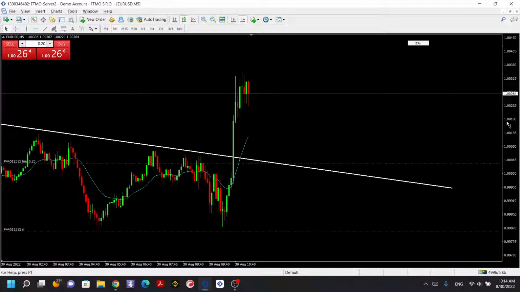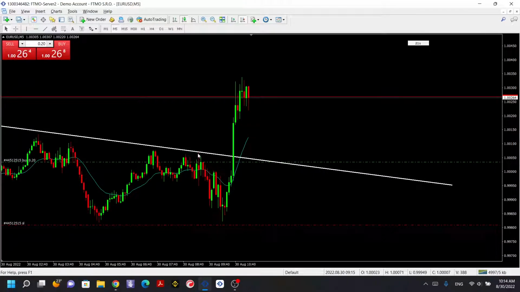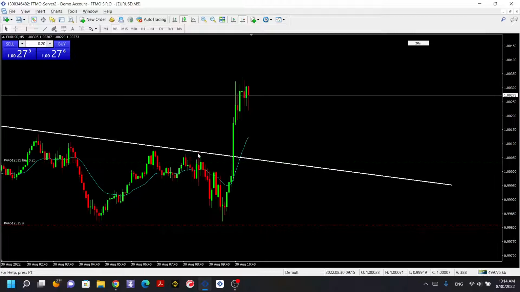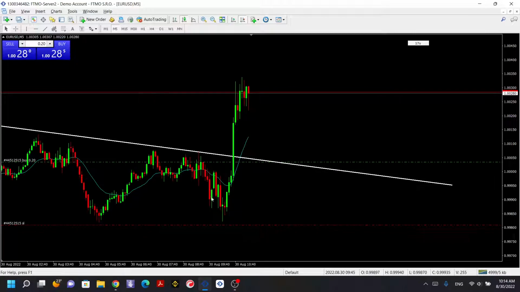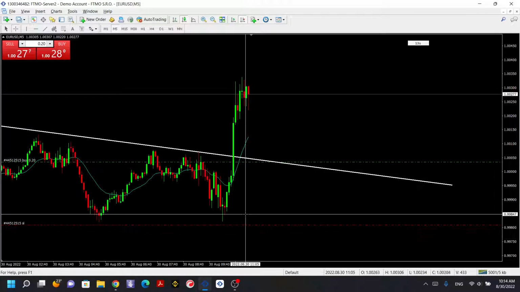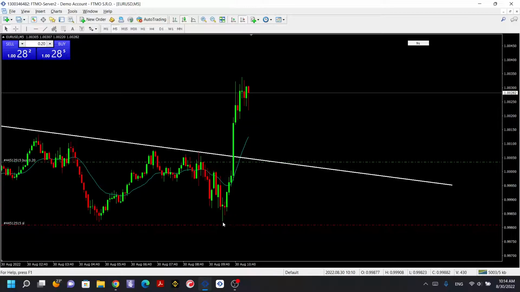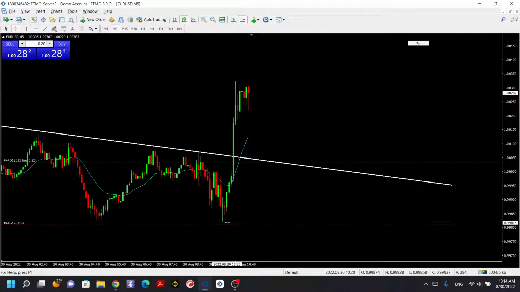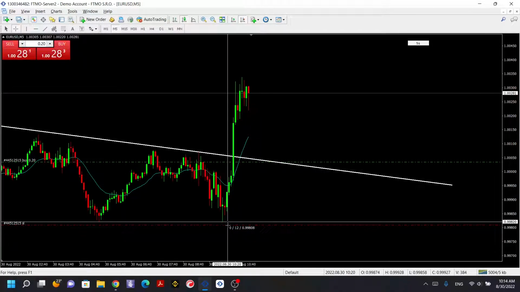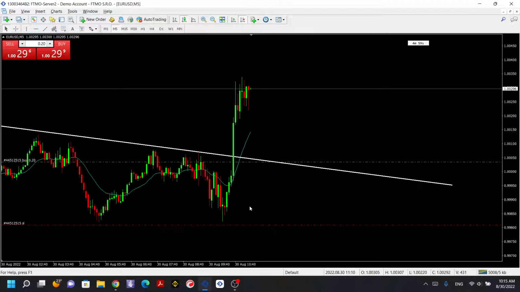Anyway, the market ended up coming back down very close to my stop loss, very close. Just, I don't know, like 1 pip far away from my stop loss.